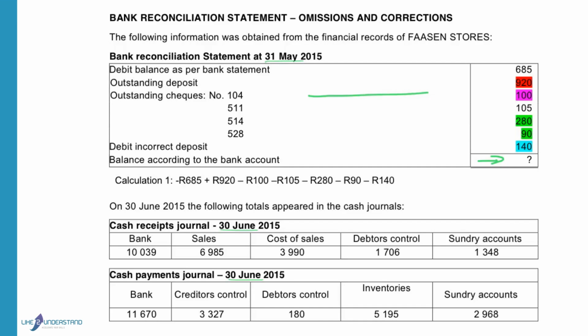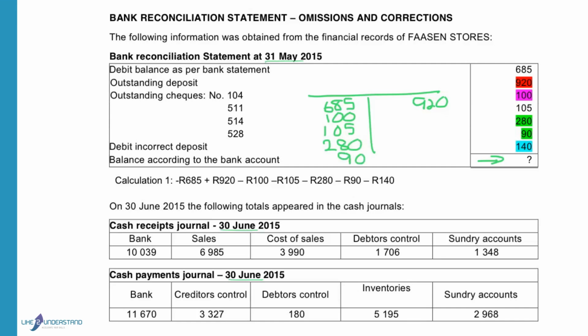You can either do it by adding and subtracting, as I did in this calculation, or you can say there's a bank balance on the debit side of 685. Outstanding deposit in the books of the bank is on the credit side 920. Then there's outstanding checks 100, 105, 280, and 90.